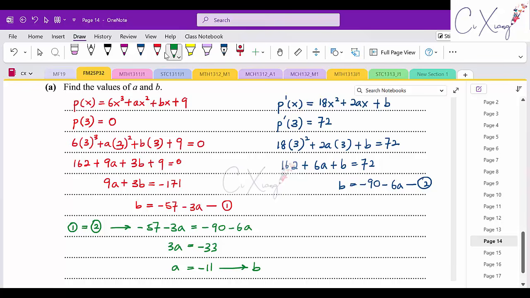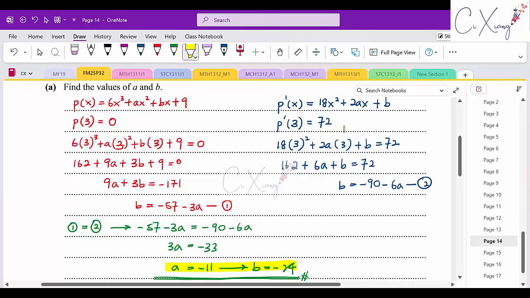Then substitute a back into equation 1 or 2, up to you, and you will get b equals negative 24. This is how we get a and b, by using the factor theorem and also the remainder theorem.